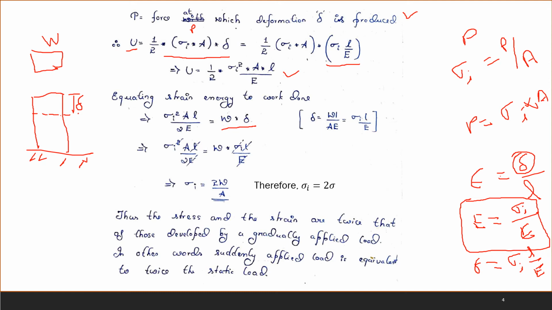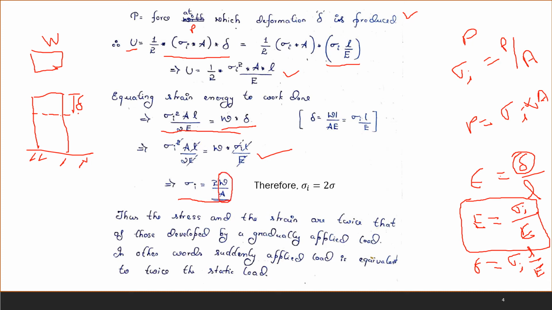And strain energy is half into sigma I square AL by E. Both the strain energy absorbed by the body and the work done in deforming the body by delta should be equal. Therefore we equate both. Equating strain energy to work done and simplifying, you will get sigma I equal to 2 times W by A. Now, what is W by A?